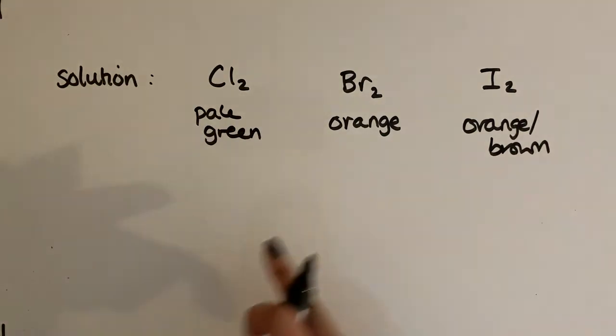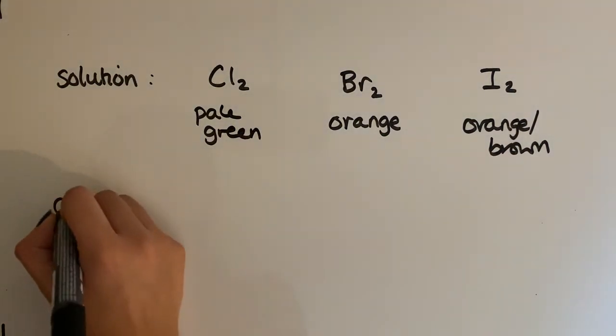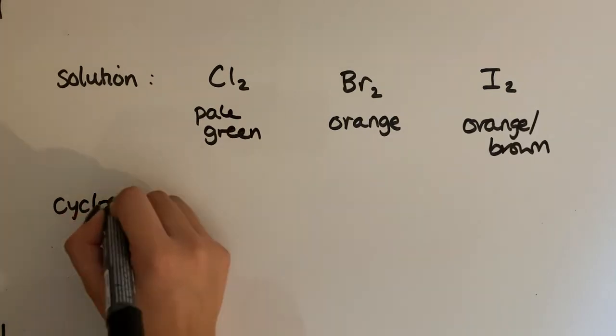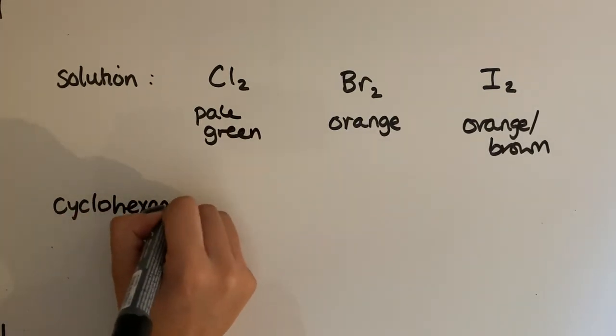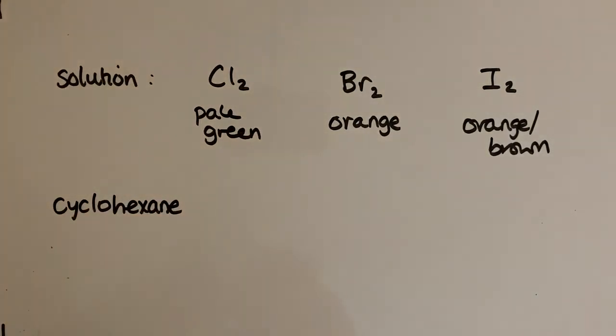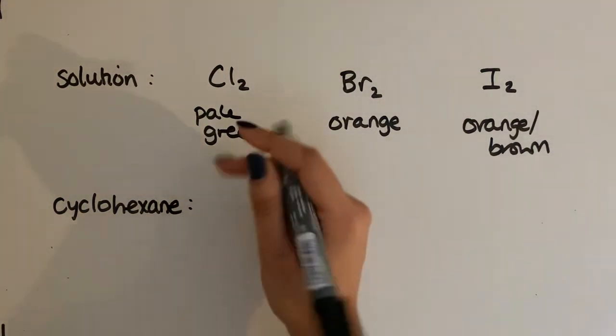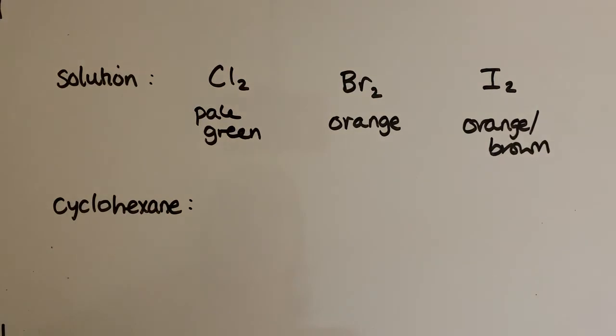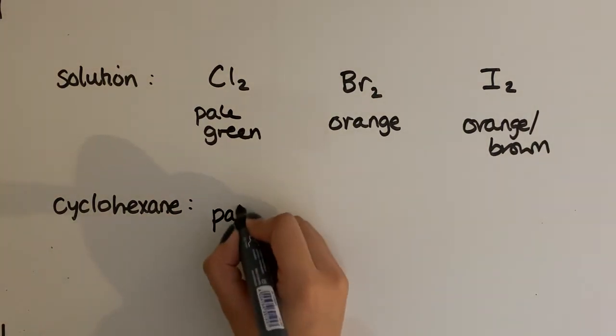So what we do is we dissolve them in some cyclohexane. Cyclohexane is a non-polar solvent, and these dissolve better in non-polar solvents. So if we put chlorine into cyclohexane, again we're going to see a pale green colour.